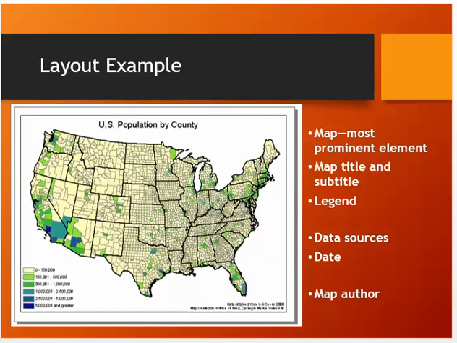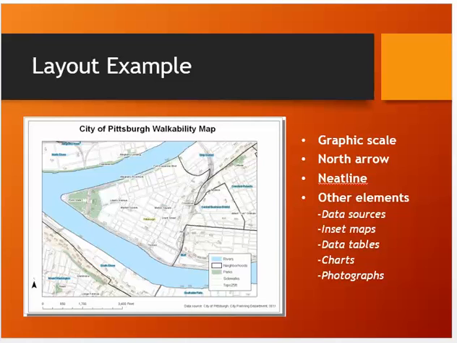It has the source of the data. It has a date, author, map's author. So yeah, especially for a class, when you create a map, please make sure your name's on it. Even though you submit them electronically with your name in the file name, it's always good practice to put your name on the map as the author. Take some credit for it.